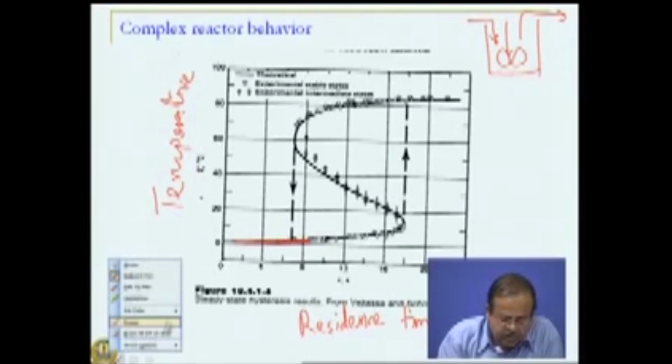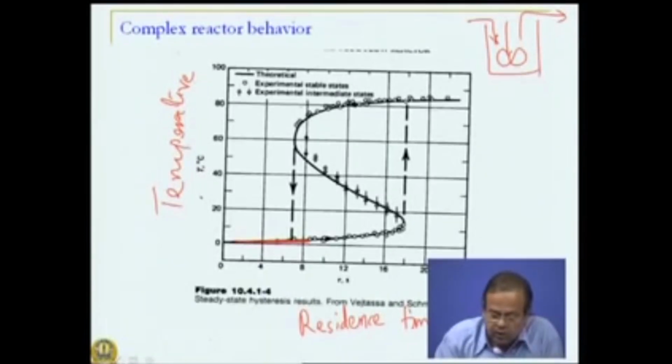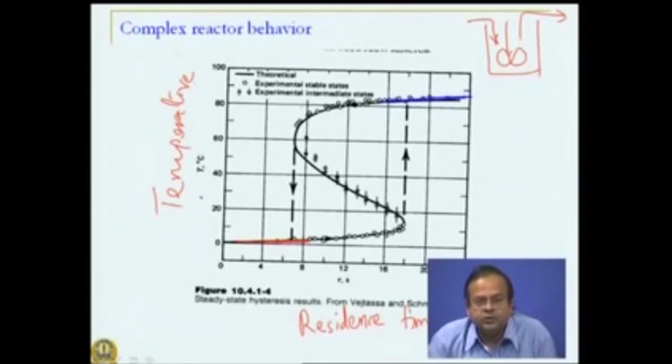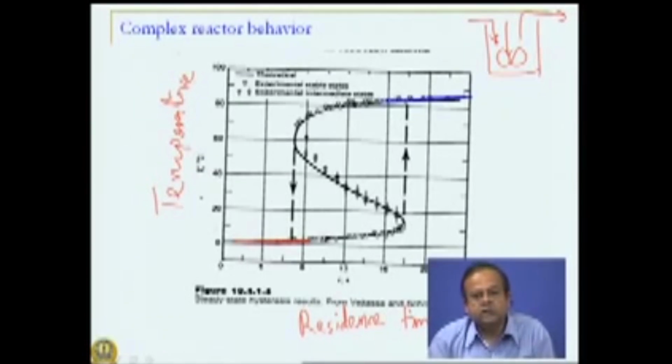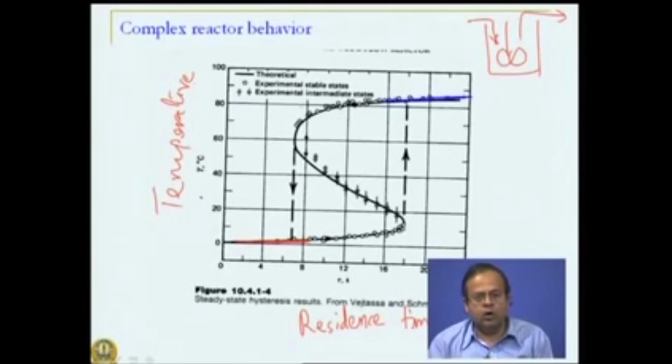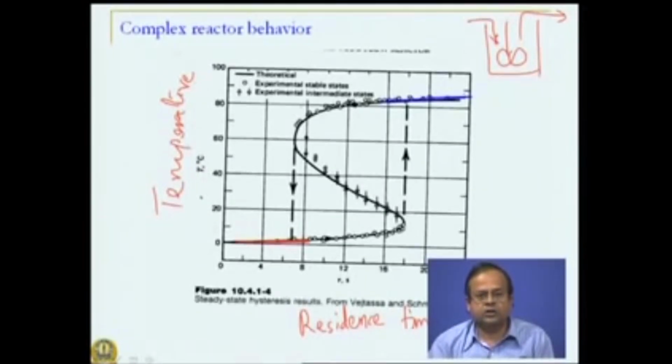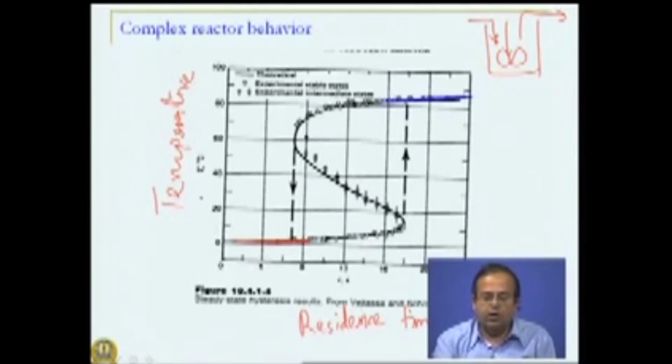At high residence times, temperatures are fairly high, and this is to be expected because high residence time means reactants on an average have spent more amount of time in the reactor. So, more conversion means more liberation of energy because it is an exothermic reaction, and hence we have high temperatures.